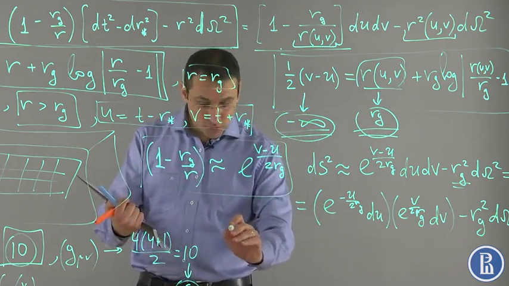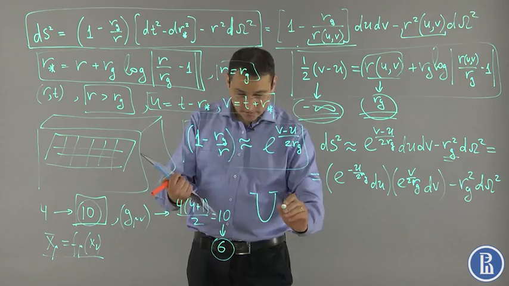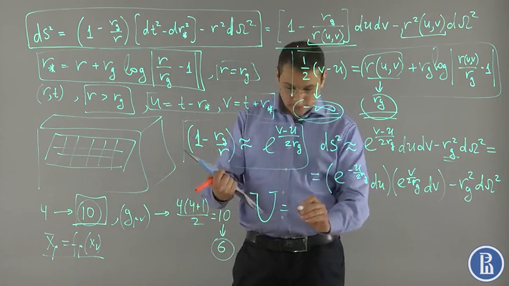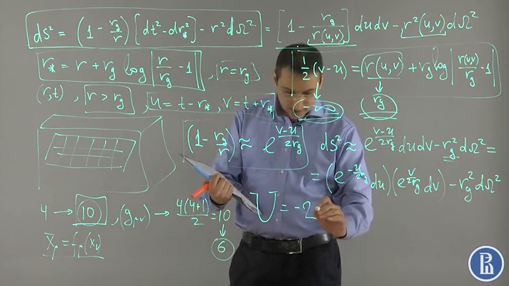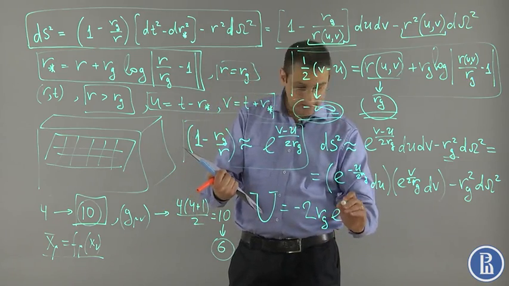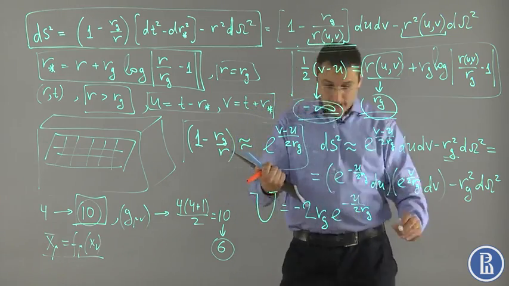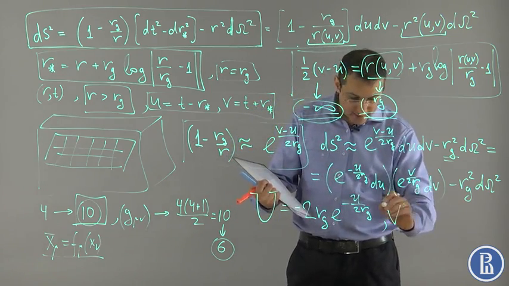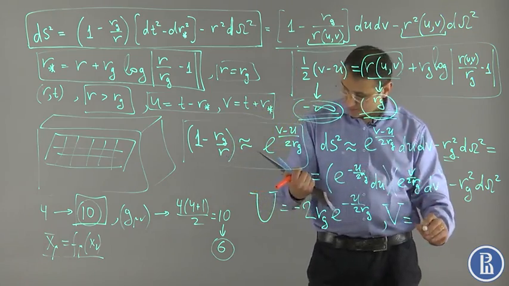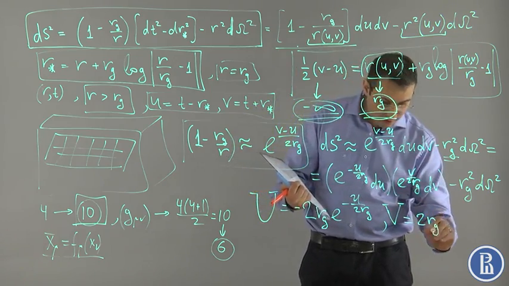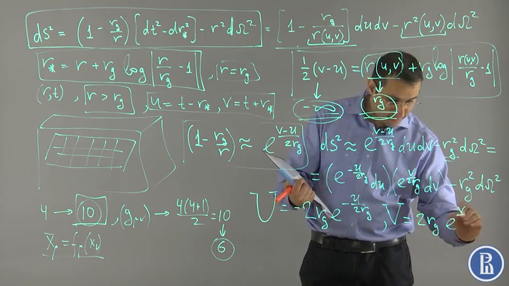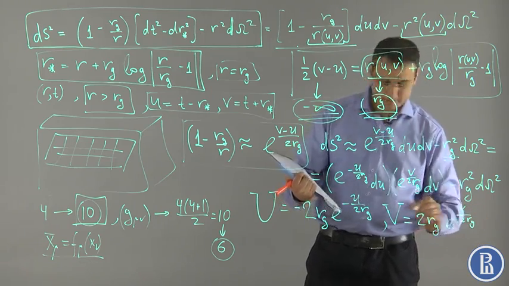One can use new coordinates, big U, which is equal to minus 2rg times exponent of u divided by 2rg, and big V, which is 2rg times exponent of v divided by 2rg.